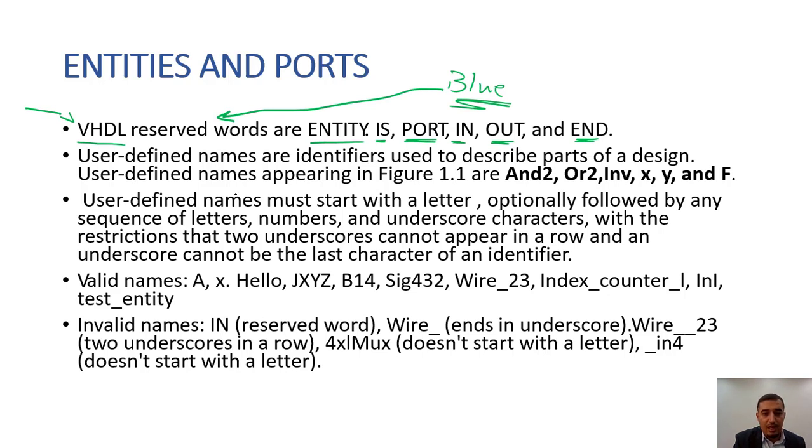Now, user-defined name identifiers are used to describe parts of the design, like here, AND2 or inverter. User-defined names must start with a letter, optionally followed by a sequence of letters, numbers, and underscore characters, with restrictions: two underscores cannot appear in a row, and an underscore cannot be the last character.